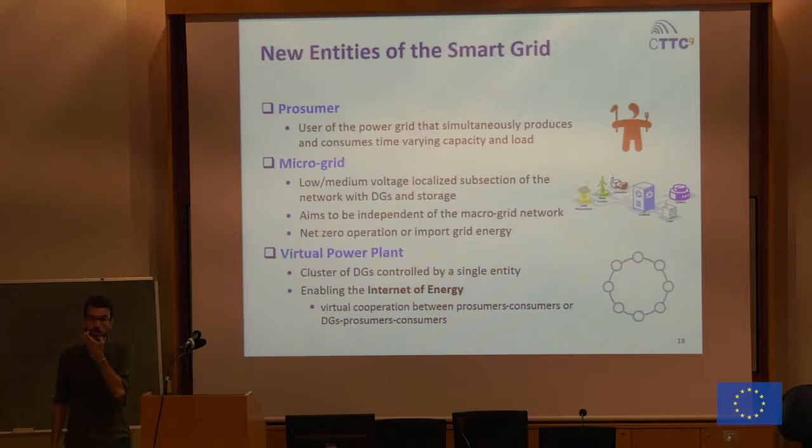So now I want to introduce some entities that are used in the smart grid. The first one, which I already referred to when I was talking, is called prosumer, which is a word that is divided into producer and consumer.